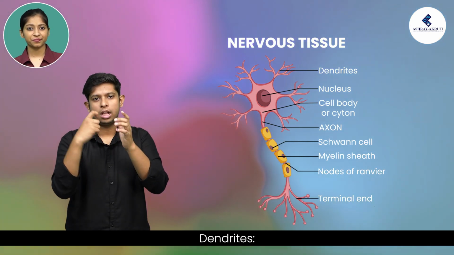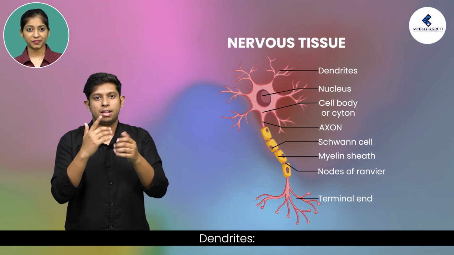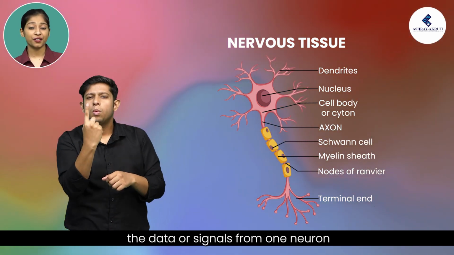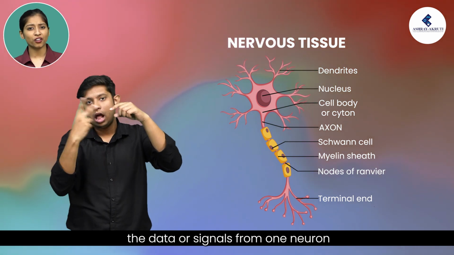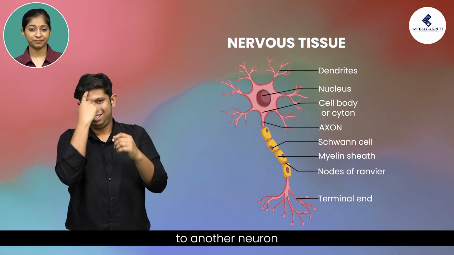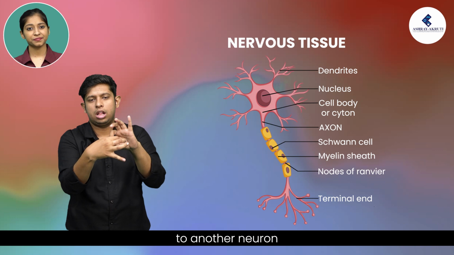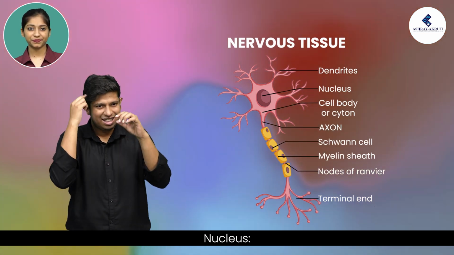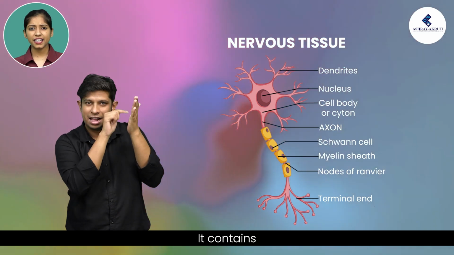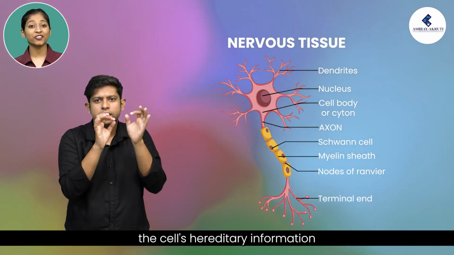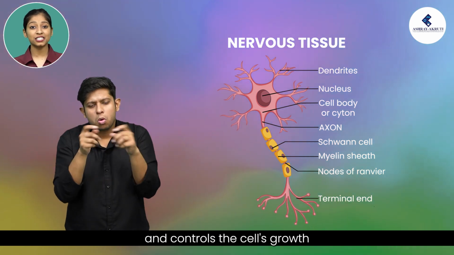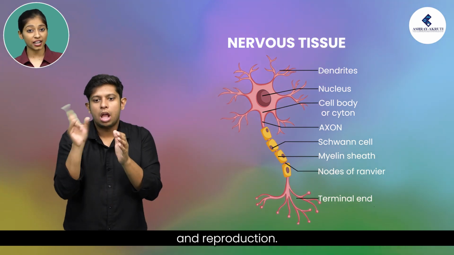Dendrites receive the data or signals from one neuron to another neuron. Nucleus. It contains the cell's heredity information and controls the cell's growth and reproduction.